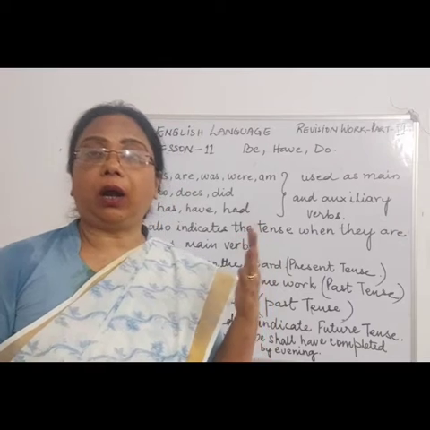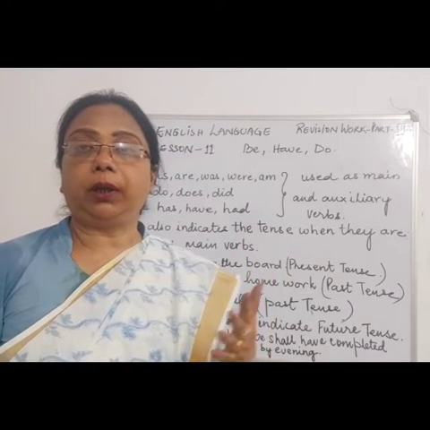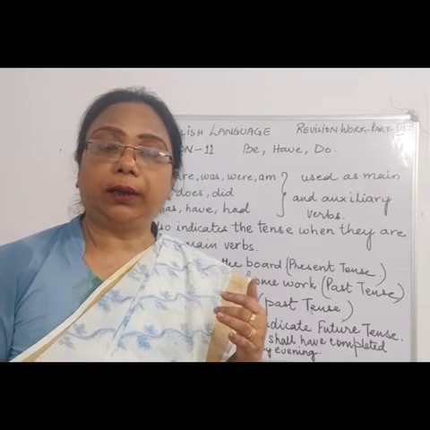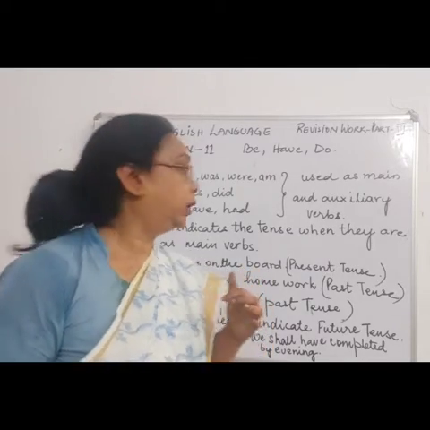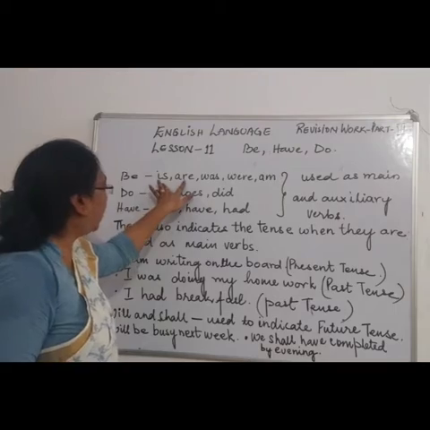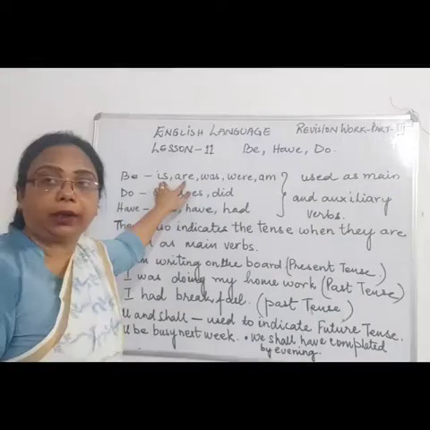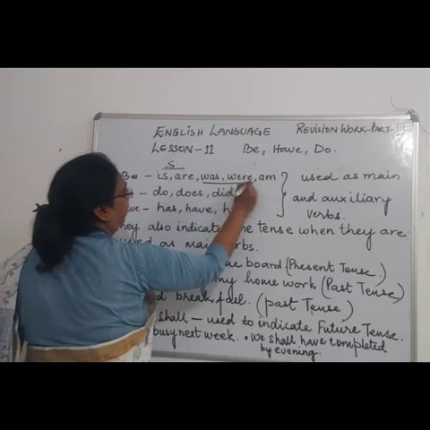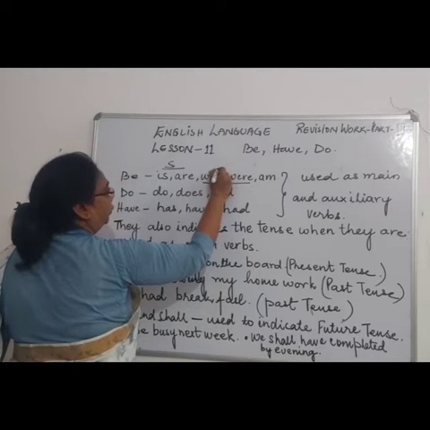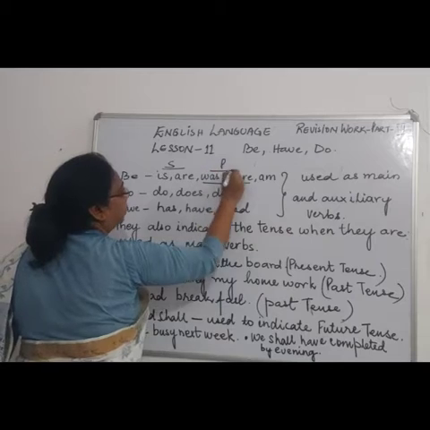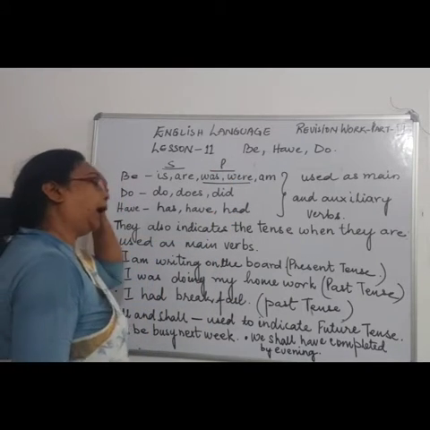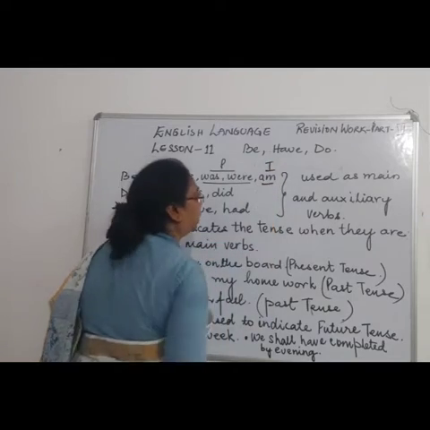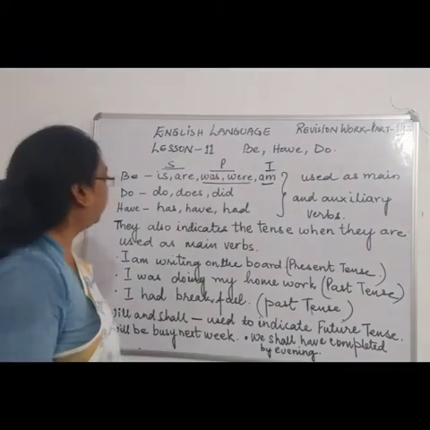They depend upon the number, that is singular and plural. So is and are are used when the number is singular, and was and were when the number is plural, right? And am is generally used for I, which is considered as plural, right?